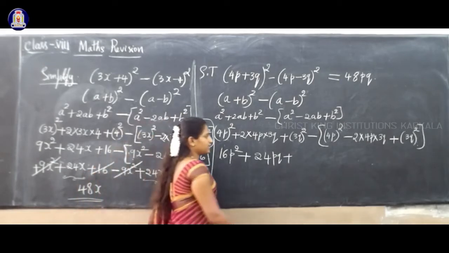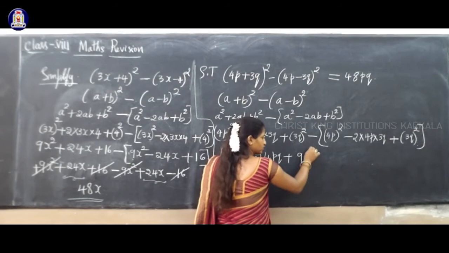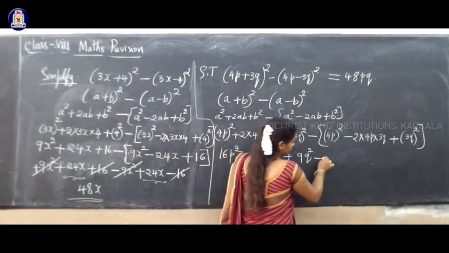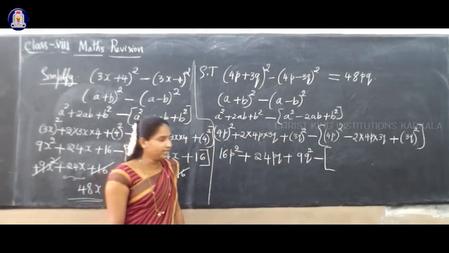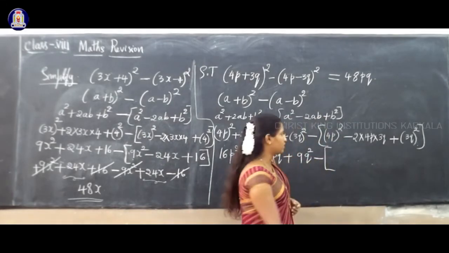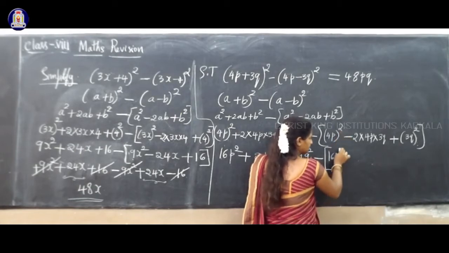Plus (3q) whole square is 3 into 3, that is 9, and q into q, that is q square. So 9q square. Minus, now inside the bracket the given terms you have to simplify. That is (4p) whole square, which is again 4 into 4 is 16 and p into p is p square.